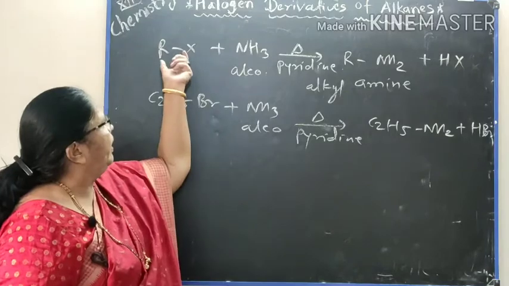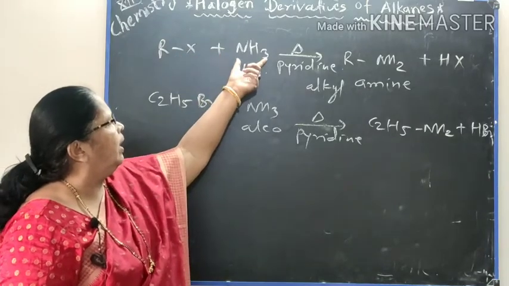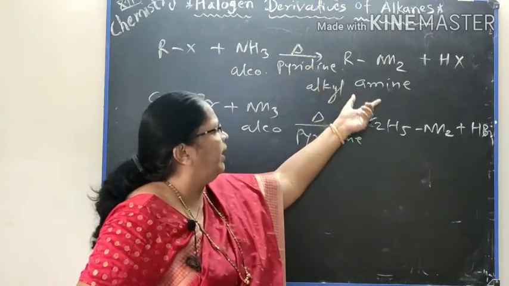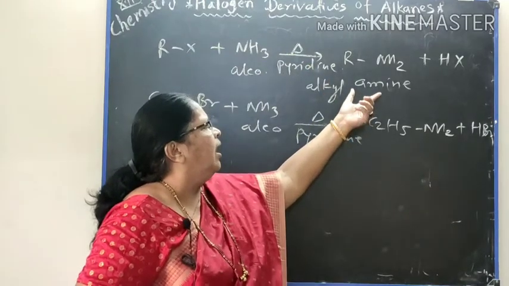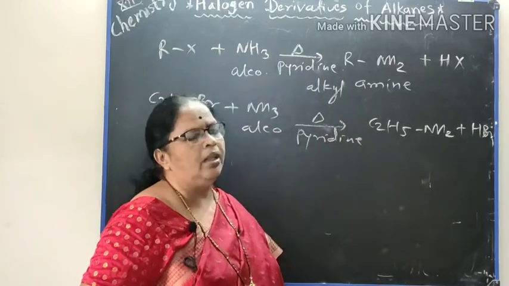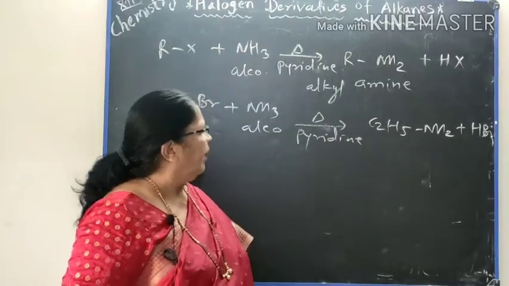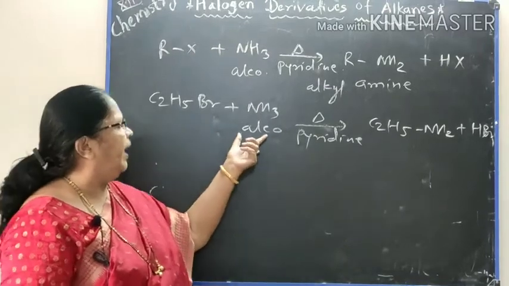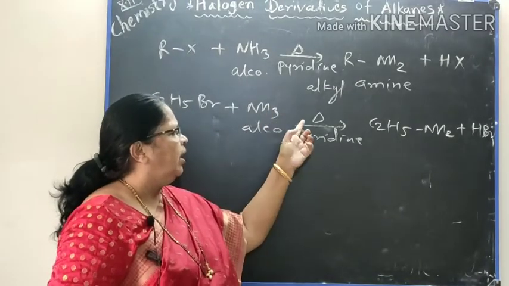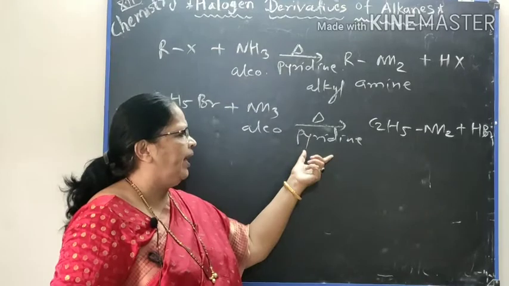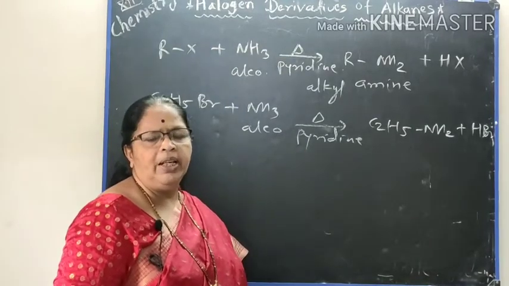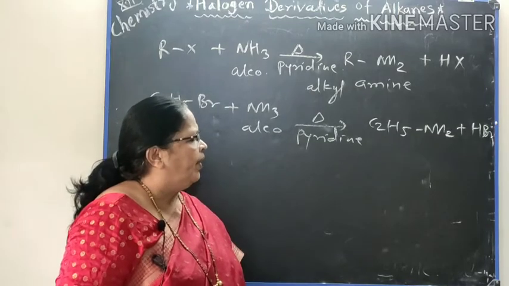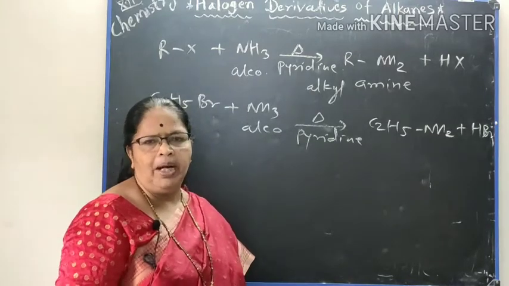Again, see here, when alkyl halide is treated with alcoholic ammonia in presence of pyridine, after heating it gives primary amines such as RNH2, alkyl amine, with hydrogen halide. Example, ethyl bromide is treated with alcoholic NH3. After heating in presence of pyridine, mostly it produces C2H5NH2, that is called ethylamine, or aminoethane.